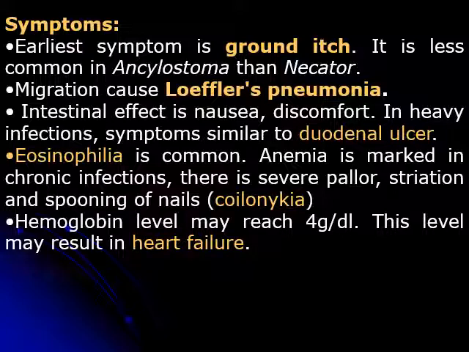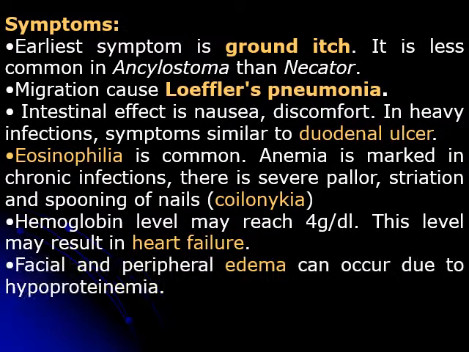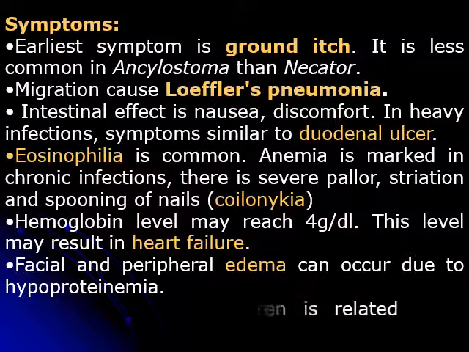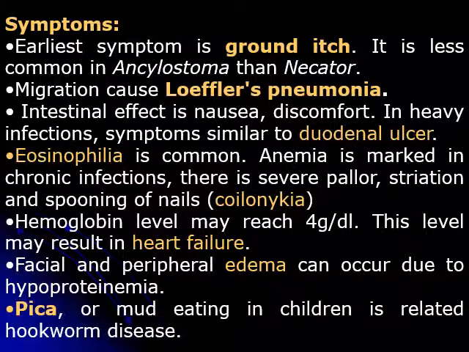Hemoglobin level may be as low as 4 grams per deciliter. This level may cause heart failure, and anemic heart failure is usual with chronic infection of ankylostoma or hookworm disease. Facial and peripheral edema can occur due to hypoproteinemia, which occurs with nutritional anemia.